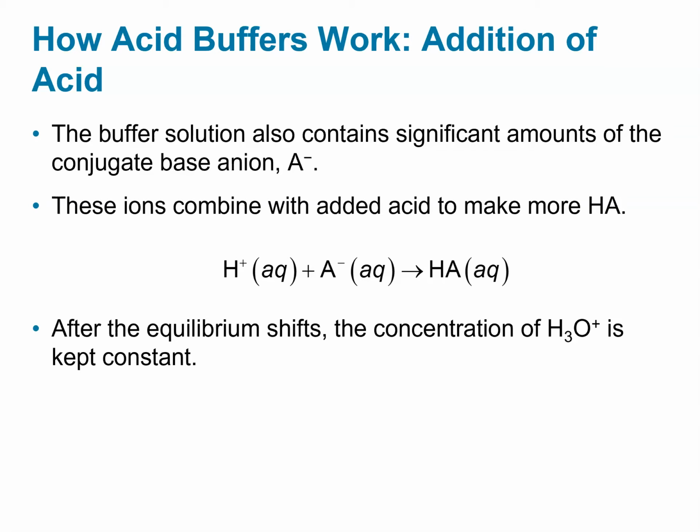So after the equilibrium shifts from either of these arrangements, the concentration of hydronium is going to be functionally constant. I mean, that's another overstatement. That's not constant per se. It's just going to be highly resistant to significant changes, as long as the solution is in a buffered state.